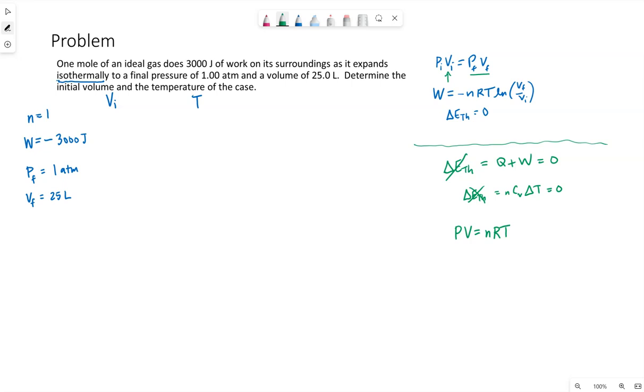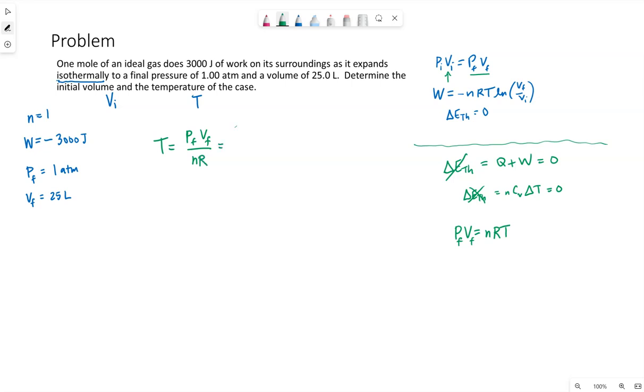So we can actually find the temperature here because P final, V final would have to equal nRT final. Now, T's not changing, so T final and T initial are the same thing. So we can solve for temperature using the ideal gas law.